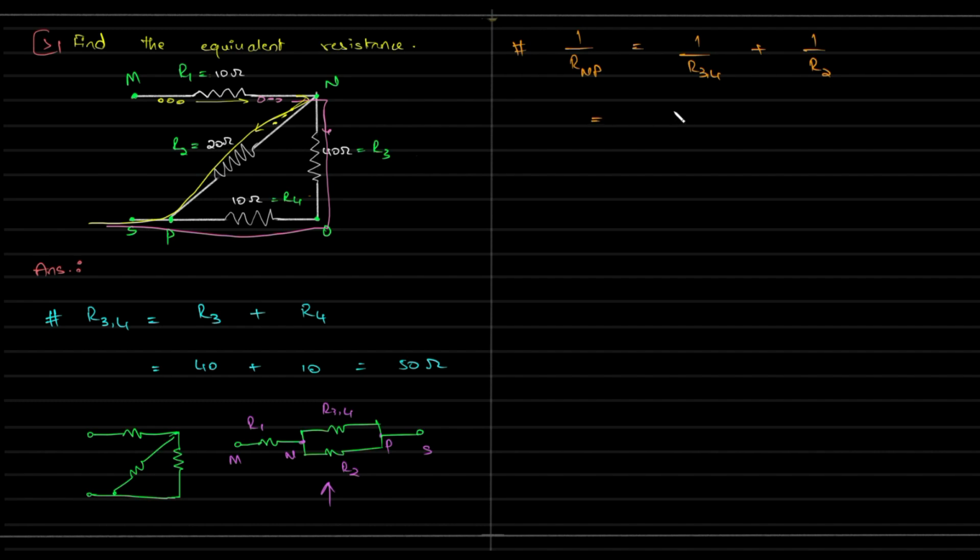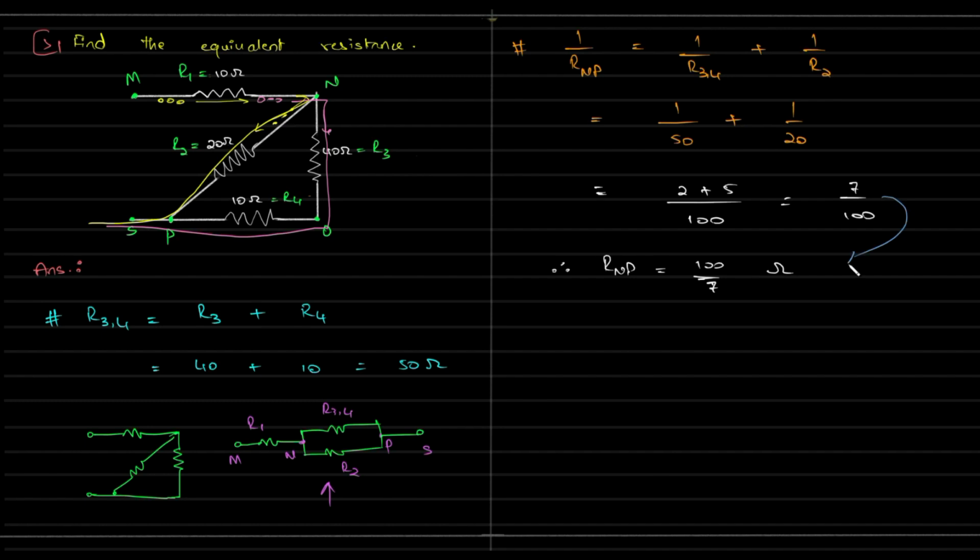So this is equal to 1 by 50 plus 1 by 20. So LCM clearly is 100. So we have this to be (2 plus 5) divided by 100. I should have given a bit easier values. Okay, anyways, 1 by R NP is equal to 7 by 100, so R NP is 100 by 7 ohm. Right? Quite simple.